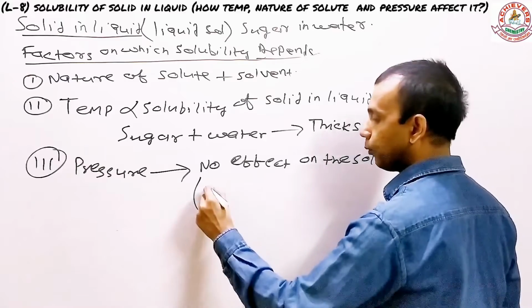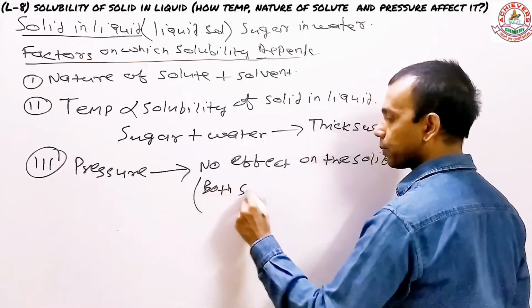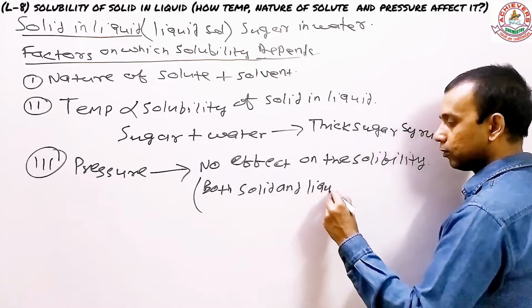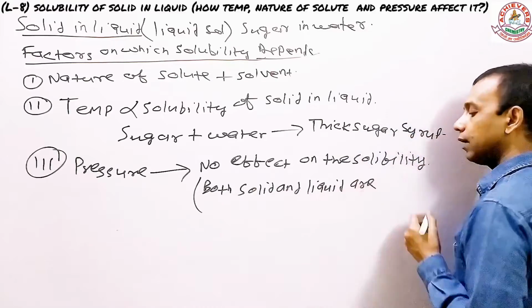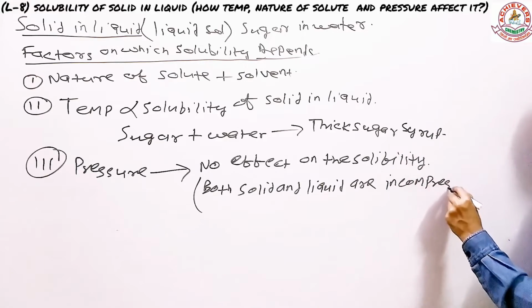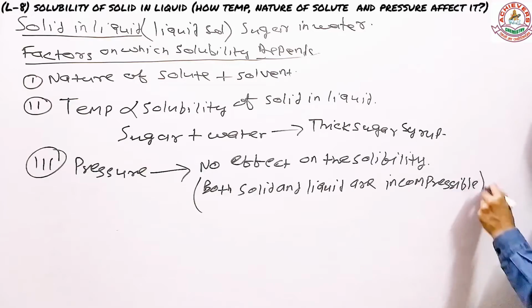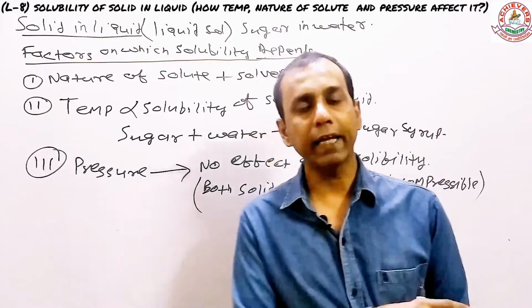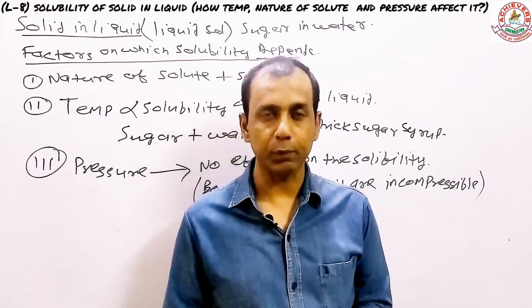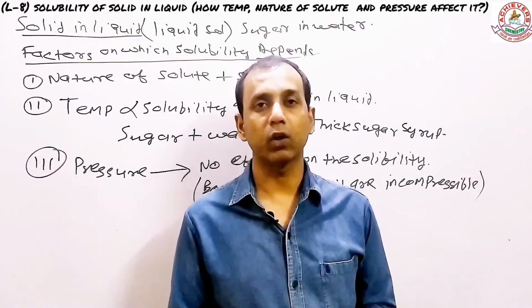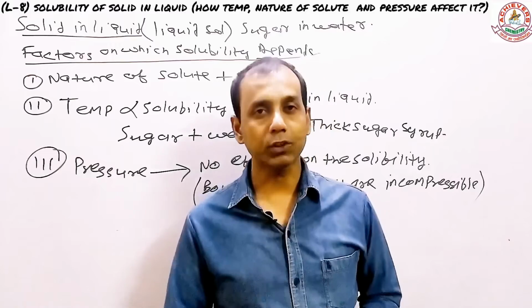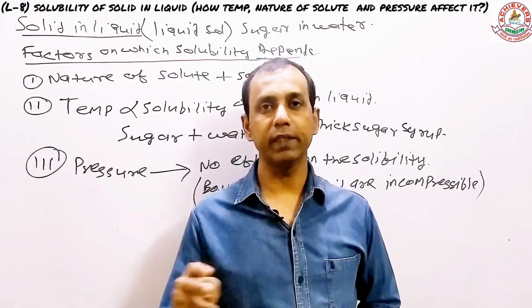The reason is that both solid and liquid are incompressible. Right? What that means? Pressure has no effect at all. It does not increase or decrease the solubility of solid in a liquid. It's because both solid and liquid are not compressible. So increasing the pressure over solid and liquid does not change the volume, and that's why pressure has no role on the solubility of solid in a liquid.